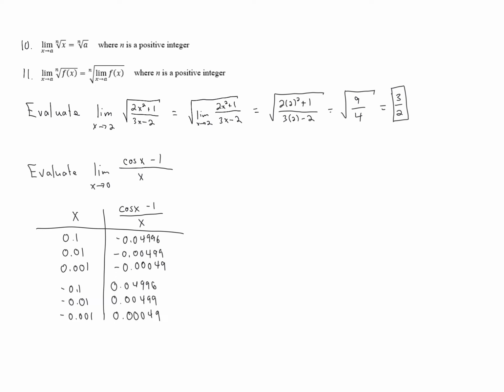And we can see here, as x approaches 0 from the right-hand side, from the positive direction, we have our values that are also approaching 0, though from the negative direction. Doesn't matter, they're approaching 0. And then from the left-hand side, as our x values approach 0, the function values also approach 0, so that tells us that the limit looks like it is equal to 0.